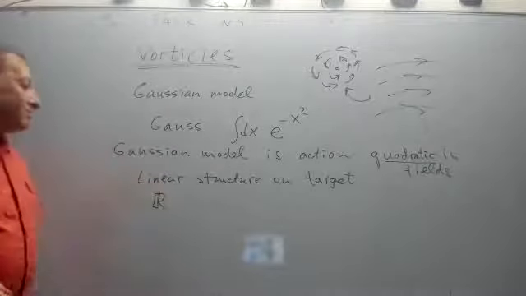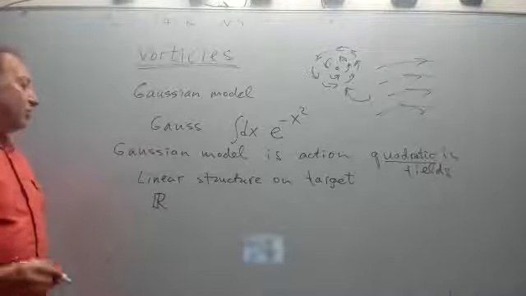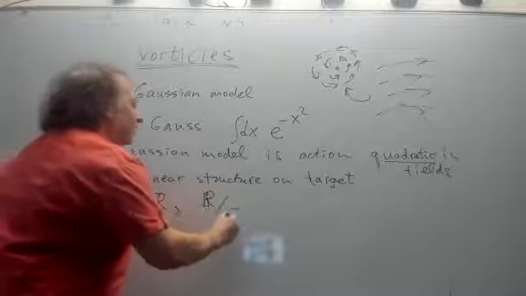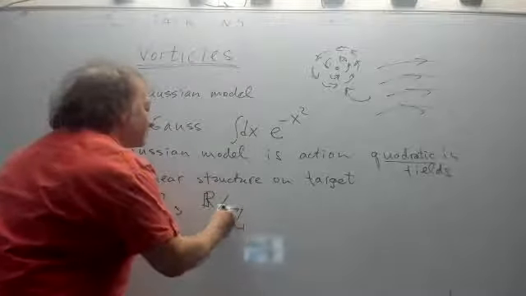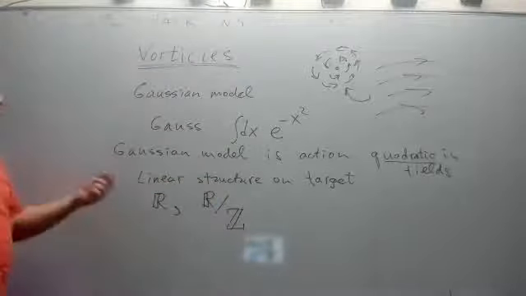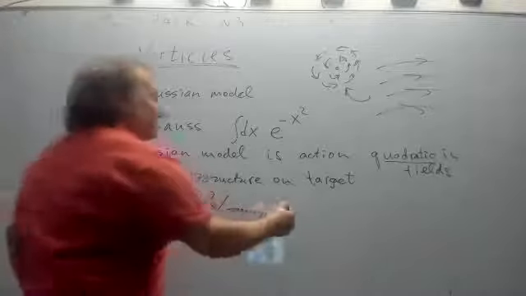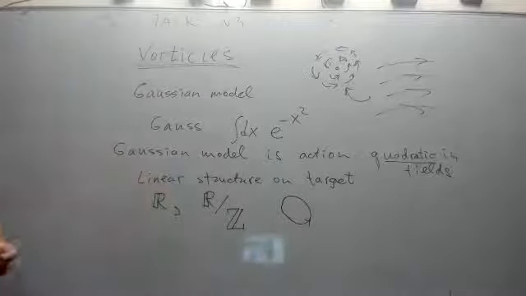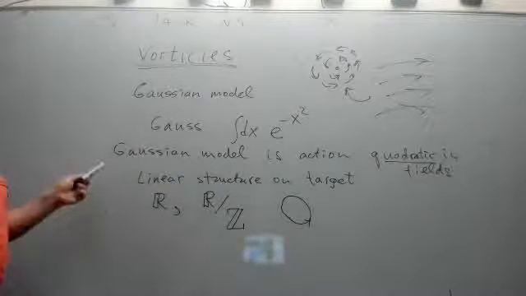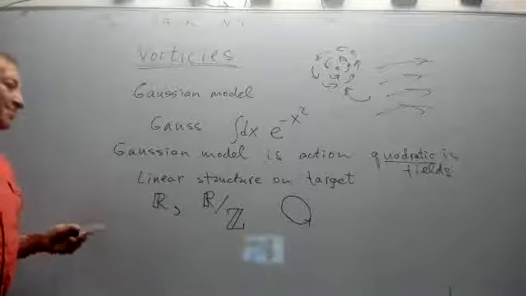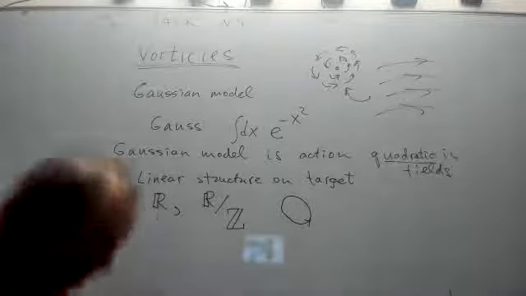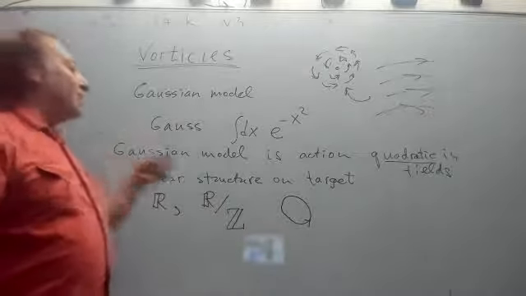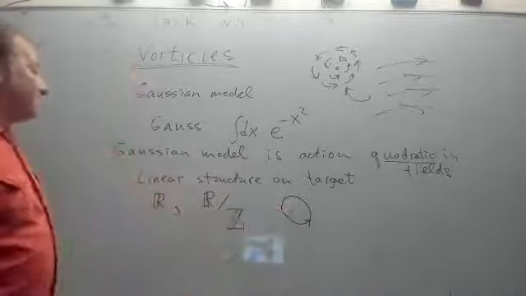Naturally R, but here we will not get vortices. R over Z also has a linear structure on the target. That's why by Gaussian model, people understand sigma model with a target circle.